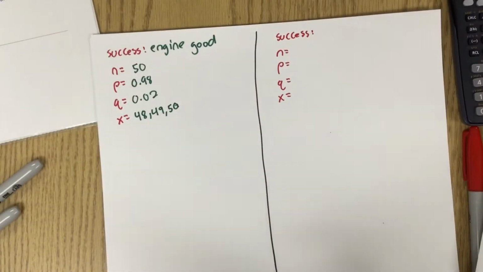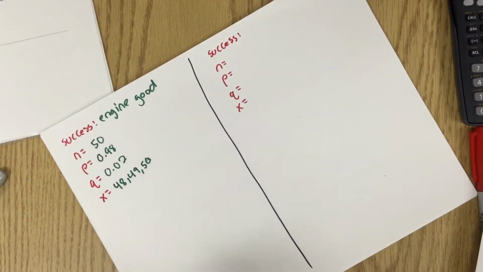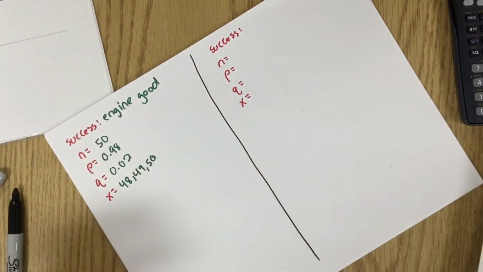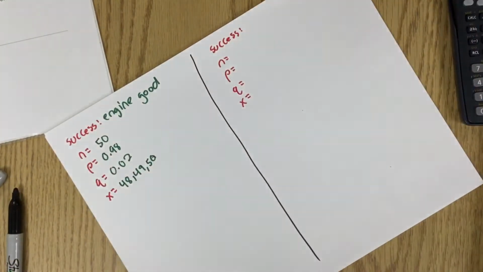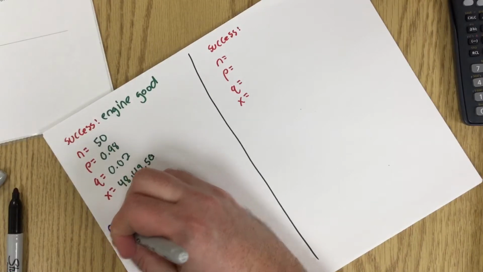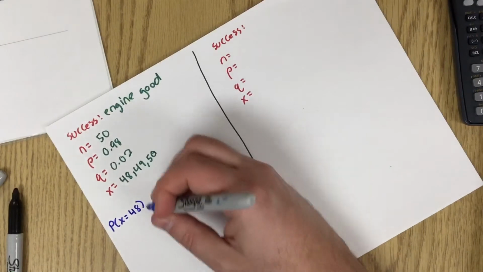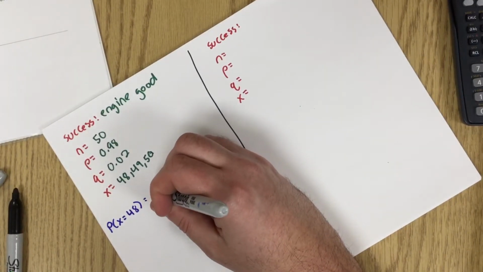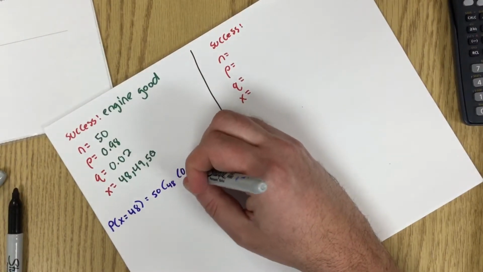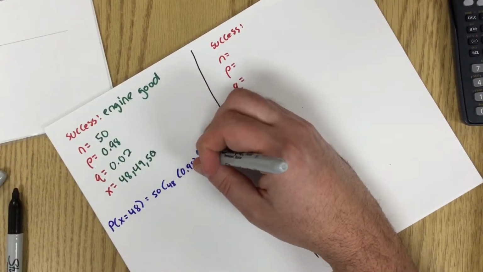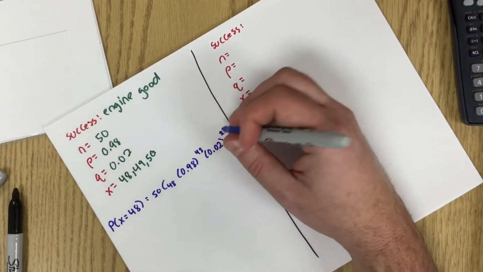And what's that going to do? So we're going to have cases. Let's get a tighter pen for this one. I'll use my new blue. So we want the probability that x equals 48, and that's going to be 50 choose 48 times 0.98 to the 48 times 0.02 squared.